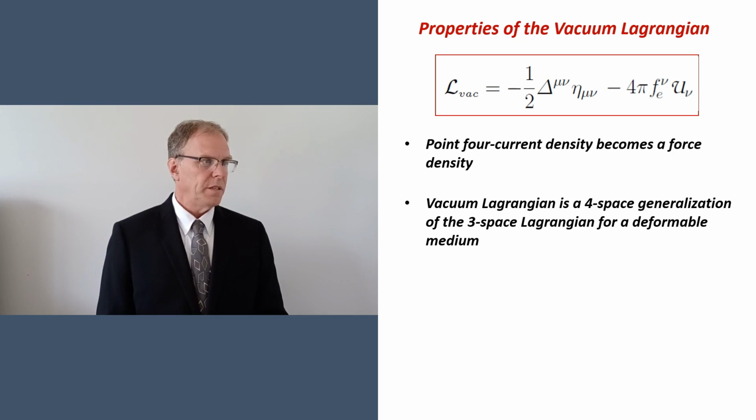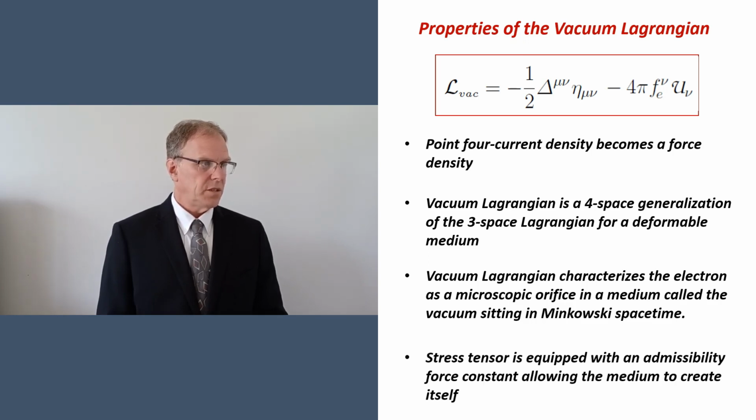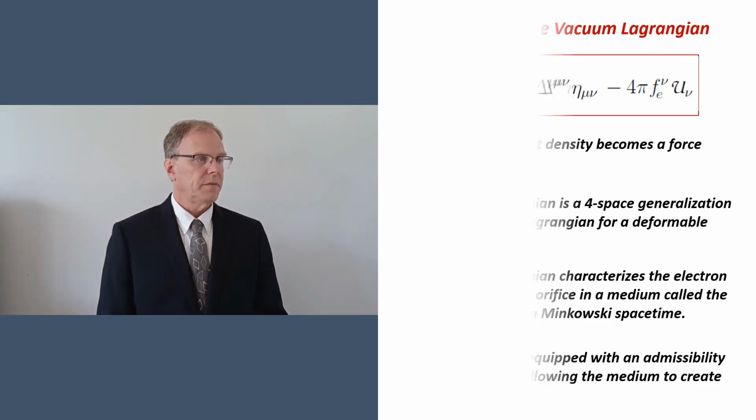In the four-space theory, the electron appears as a tiny microscopic orifice or excitation of a medium called the vacuum, which sits in the Minkowski space-time, just as a solid sits in a Galilean space-time. However, there is no undisturbed ground state in the four-space theory, as the stress tensor is equipped with an admissibility force constant, allowing the vacuum to create itself.